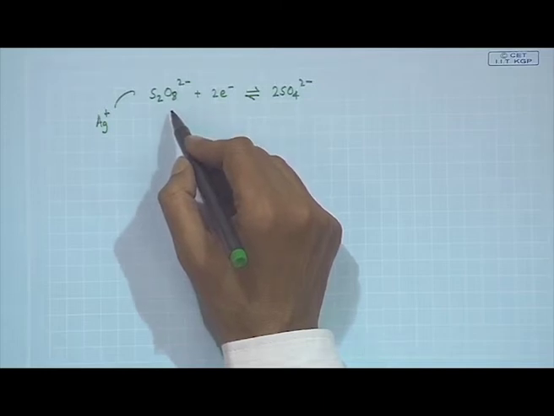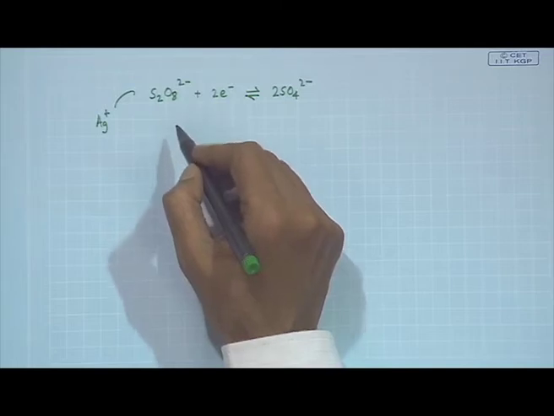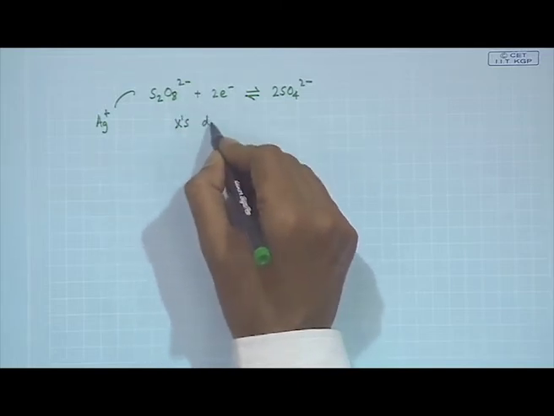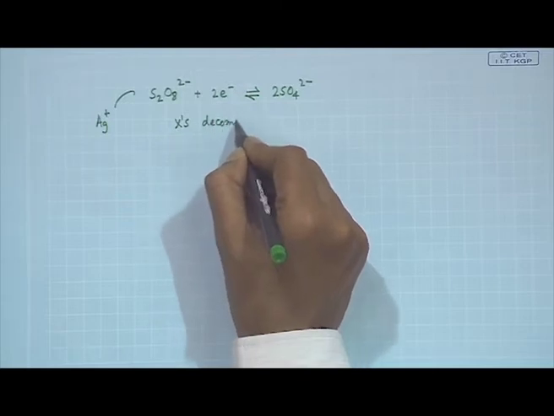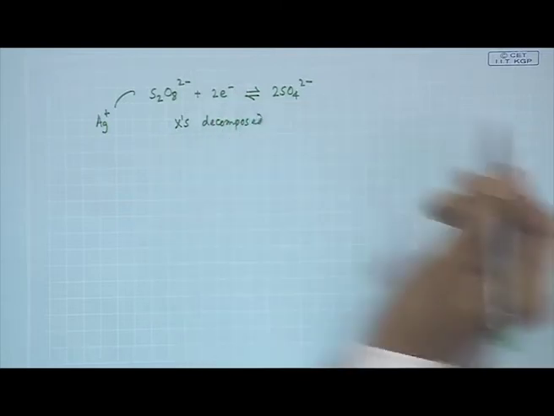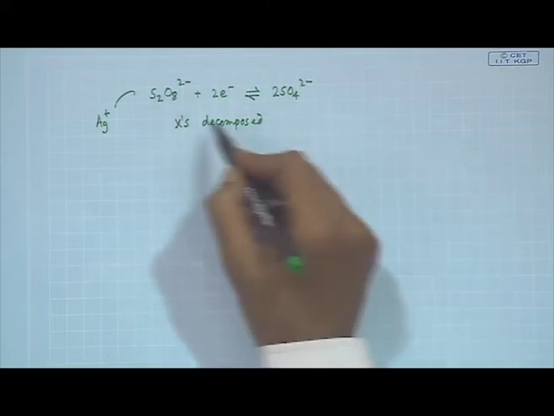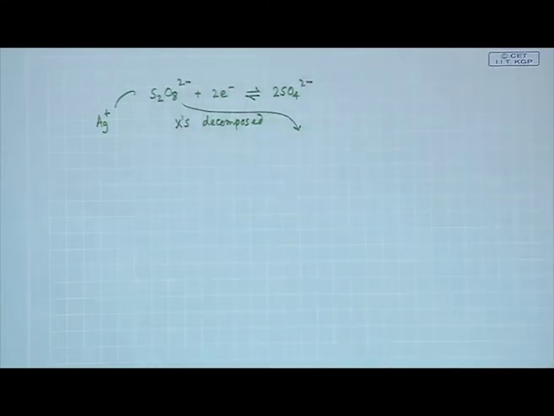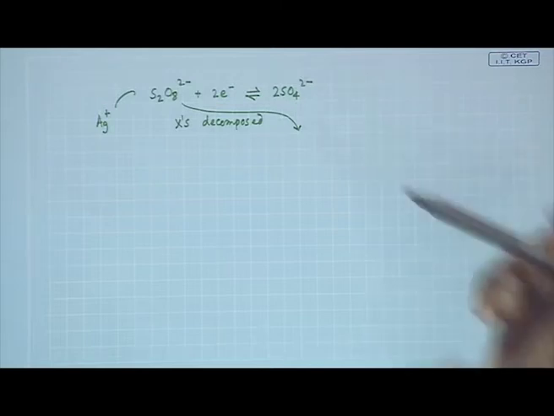Here, earlier we have seen that the sodium bismuthate was filtered out, but in this particular case the excess of the material can be decomposed. That means S2O8 2 minus can be decomposed.